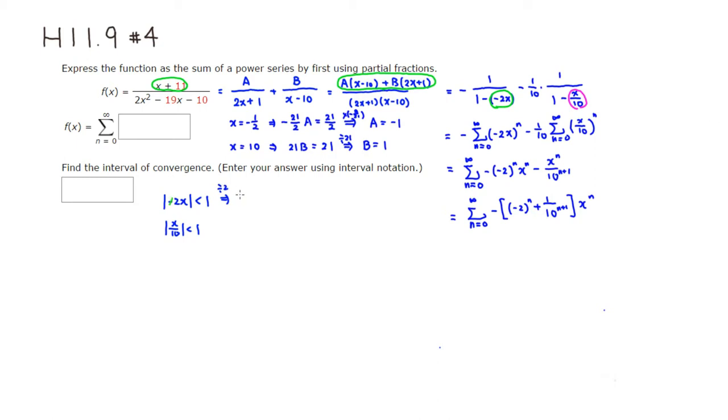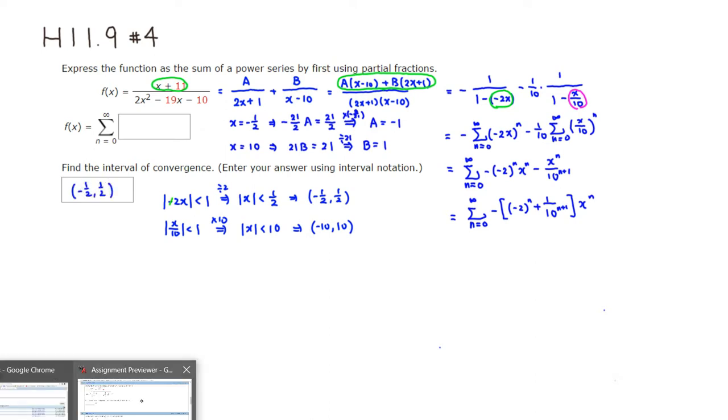So the absolute value of x is less than 1/2, which gives the interval from negative 1/2 to positive 1/2. Here we multiply by 10, so the absolute value of x is less than 10, which gives negative 10 to positive 10. We pick the smaller one, or rather the intersection of those two, so it's negative 1/2 to positive 1/2.